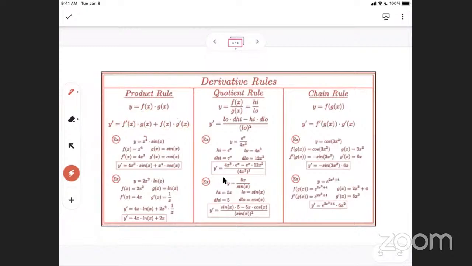So here's an example. See how this is 2 functions, it's x to the 4th, and then it's sine of x? Yep. What they're doing is the work over here. F of x is x to the 4th, and the derivative, notice that's the power rule, is 4x to the 3rd. And if g of x is sine x, the derivative of sine x is cosine x.